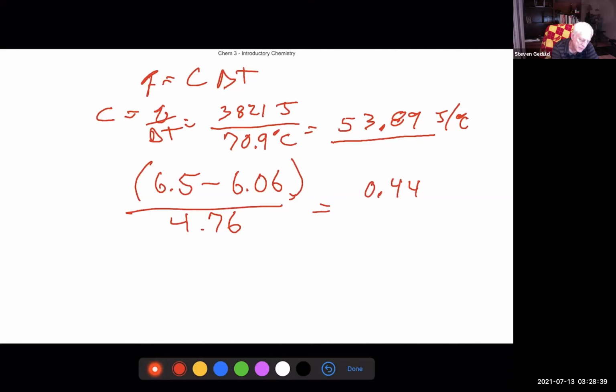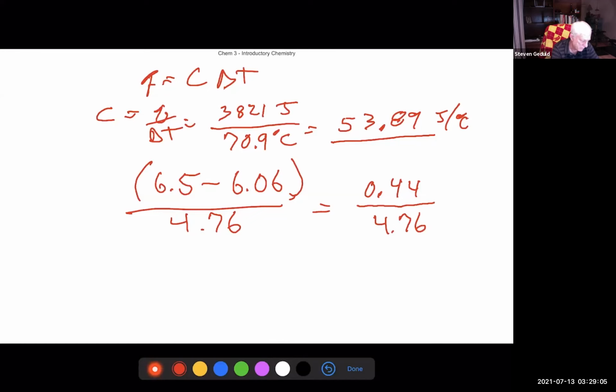Now, this can be a significant figure one. It all depends how you do it. This is good to 2 places past the decimal. That's only good to 1 place. But I would say leave it at that, divided by 4.76, and you're good to 2 significant digits.